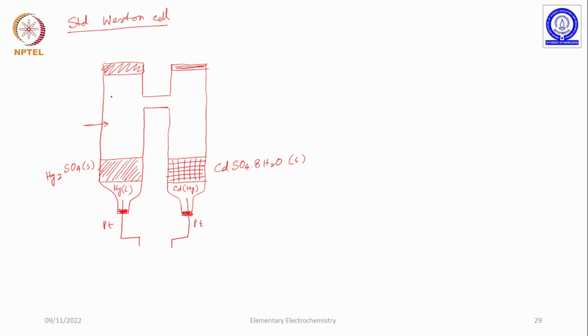Then on the upper portion here, this is filled with a paste of mercury with Hg2SO4, that is mercurous sulfate, and on the other side the top layer part is filled with saturated CdSO4 solution.